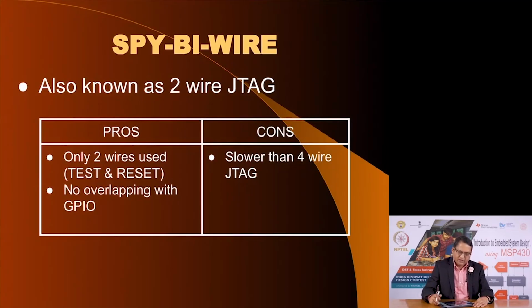Now, Spy-Bi-Wire is also called a 2-wire JTAG interface, because although it uses JTAG internally inside the MSP430, the external connections are just through 2 pins, and therefore the advantage is that the interface is simple, just involves 2 pins, and there is no overlap with GPIO pins.